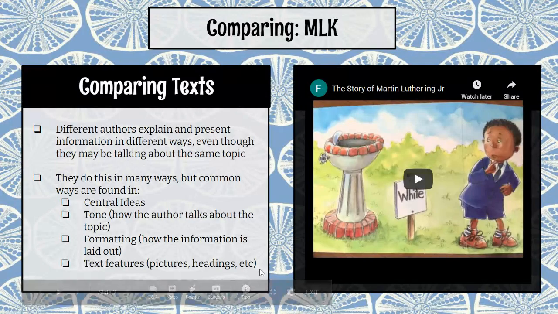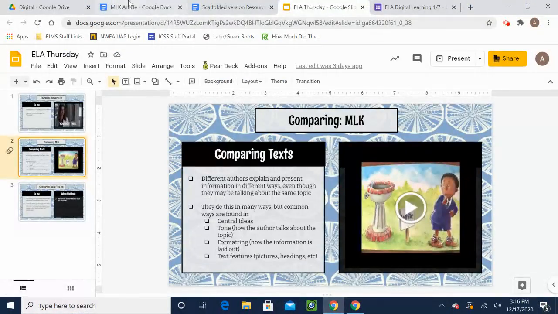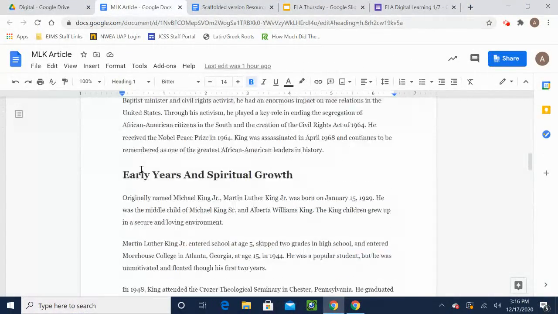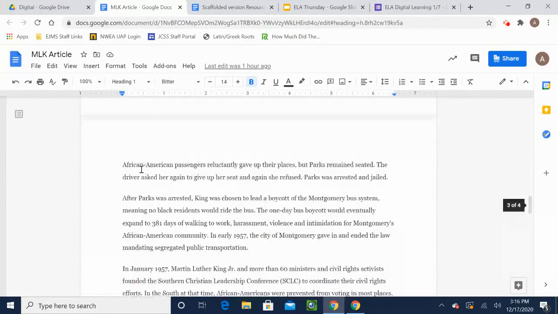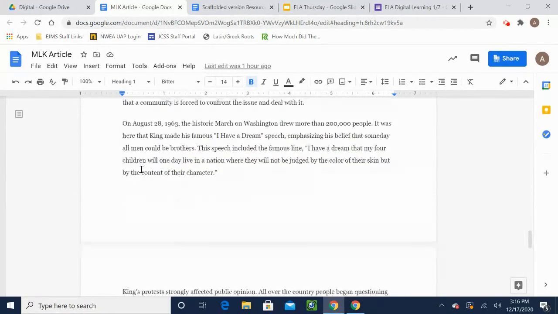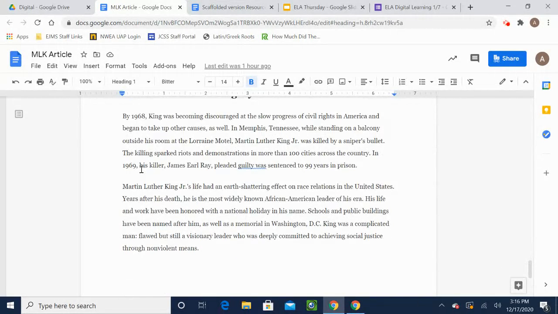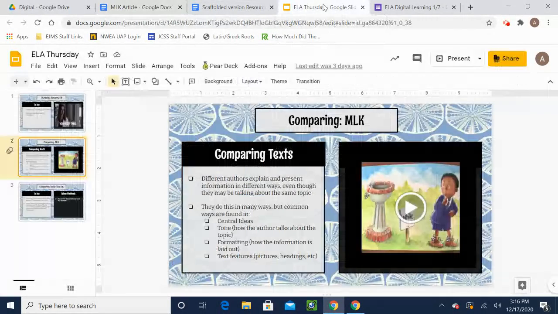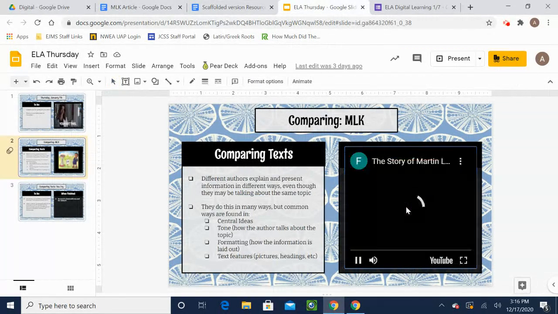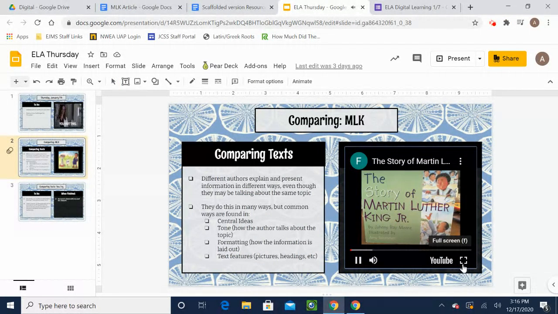Just to jog our memory, here's the article that we read. Remember, it talks about him as a child and him throughout the civil rights movement, his speech where he really rose to fame, and then his death. Remember, we're talking about Martin Luther King Jr., and now let's take a look at this video really quick. The story of Martin Luther.